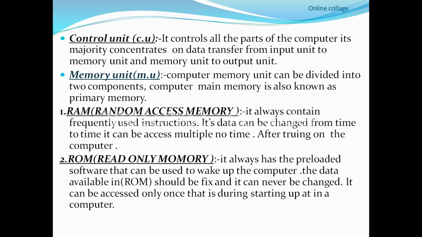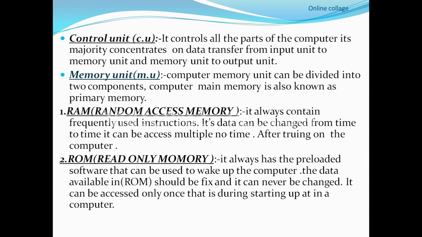So, memory unit. Computer memory can be divided into two components. The first one is the computer main memory, also known as primary memory. The first is RAM and the second is ROM. They are both part of the memory unit.